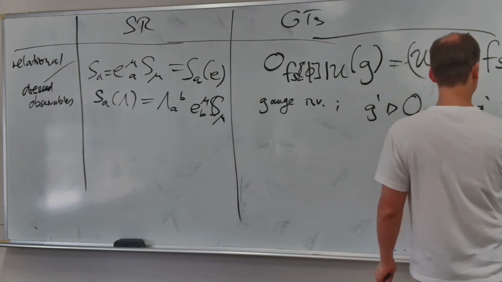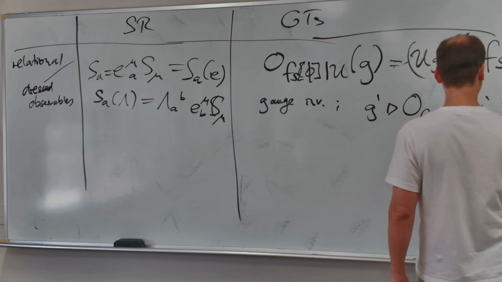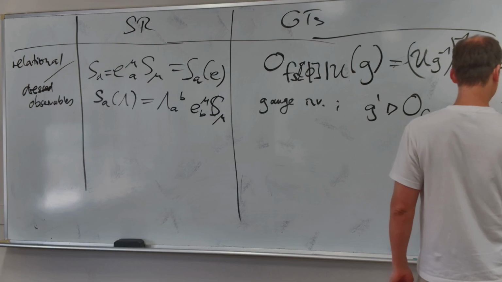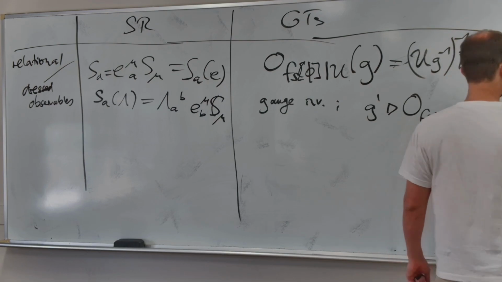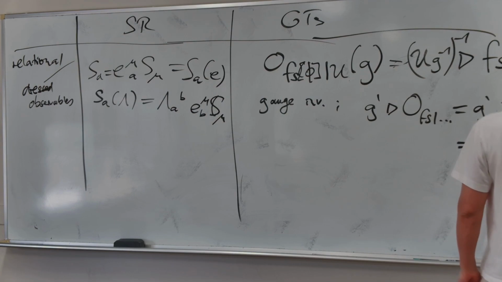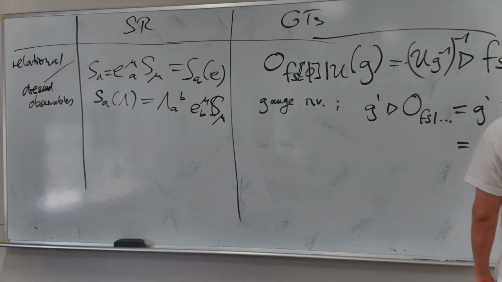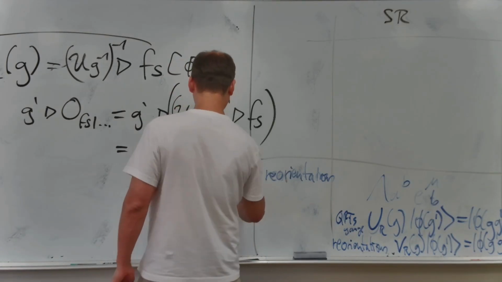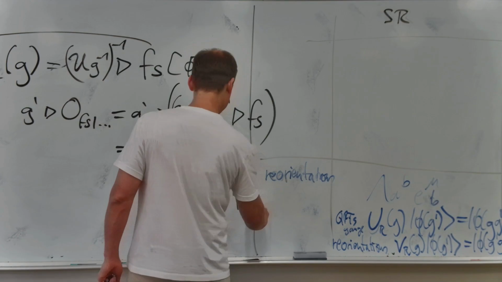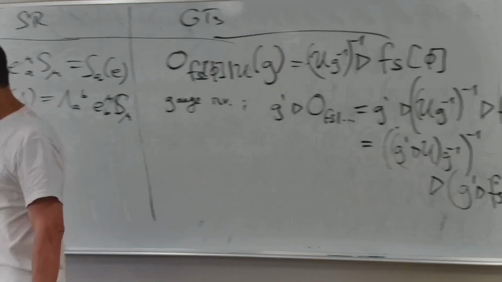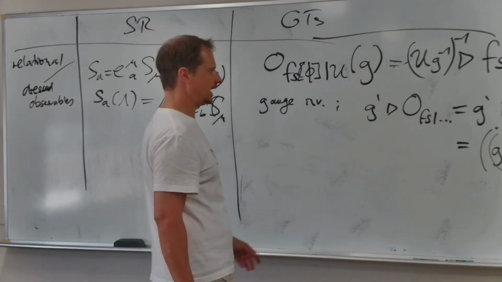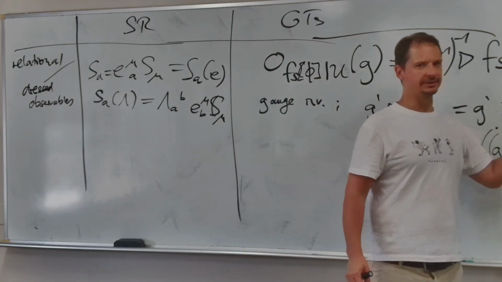So this will be equal to g prime acting on U, with the g inverse here, then acting on F_s with g prime. I'm allowed to do this because the gauge transformations act on each of the dynamical fields individually.